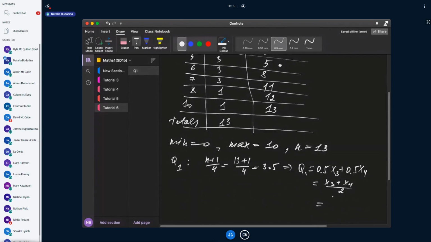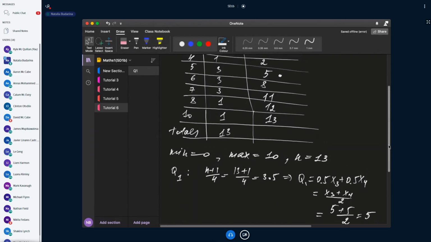So it's equal to 5 plus 5 over 2, so it's equal to 5. In this case, we are in one row, which corresponds to the number 5. So this is how we find Q1.